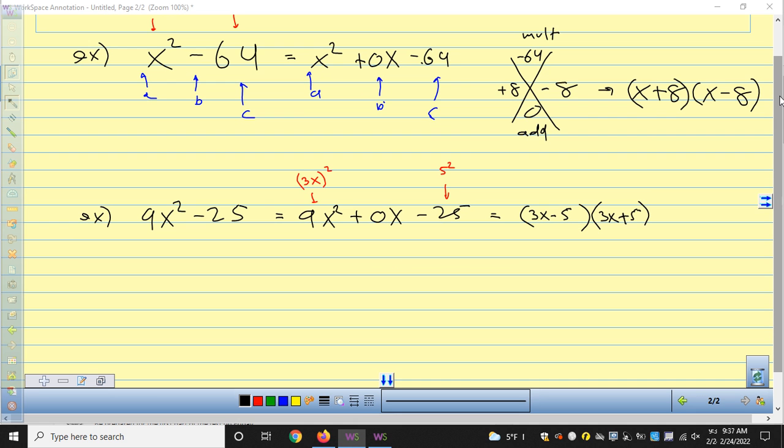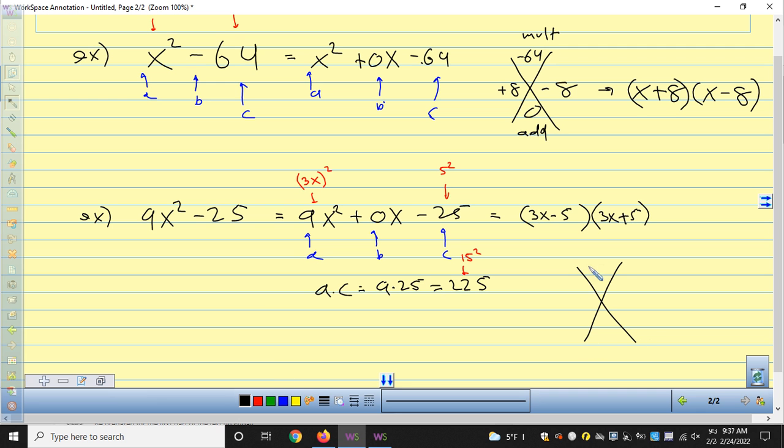Now if we don't see that, that's fine. We can always factor this like we've done before. This is A, that's B, that's C. A times C is 9 times 25, which is 225. And 225 is 15 squared.